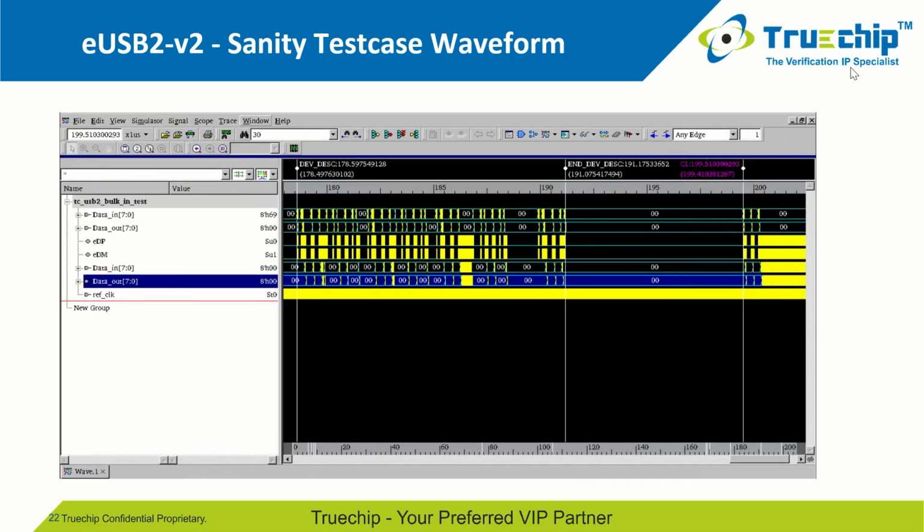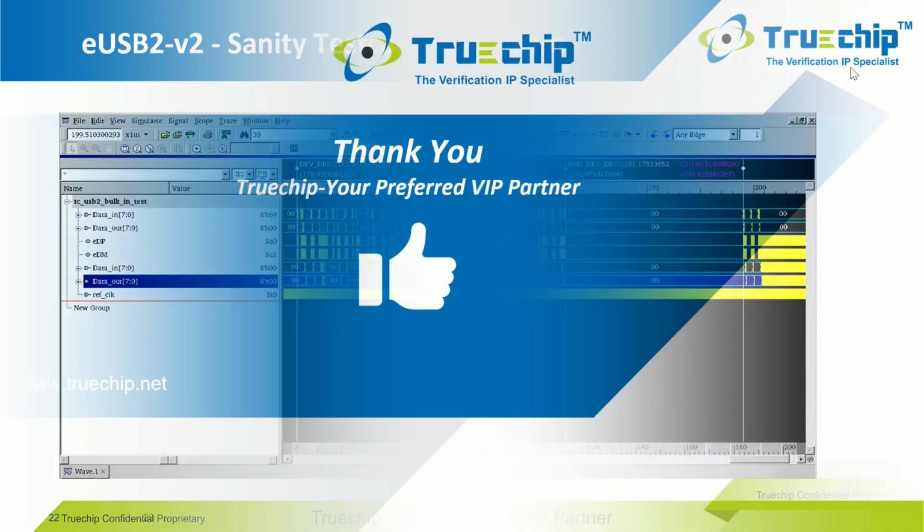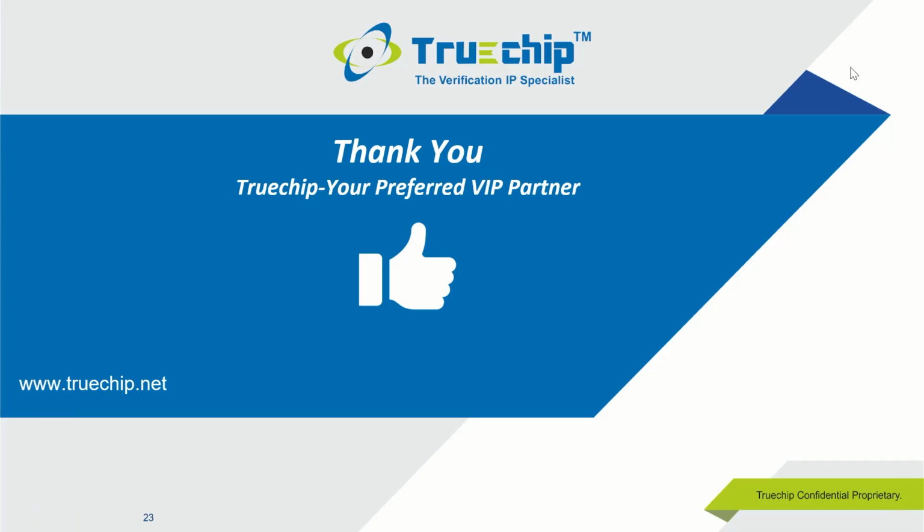After set address is done, we can see the host request for the basic information of device supported configuration and endpoint and sets the appropriate configuration for the device. In the last, we can see that the bulk-in transfer has been done, in which the bulk endpoint max packet size is 1024 bytes.